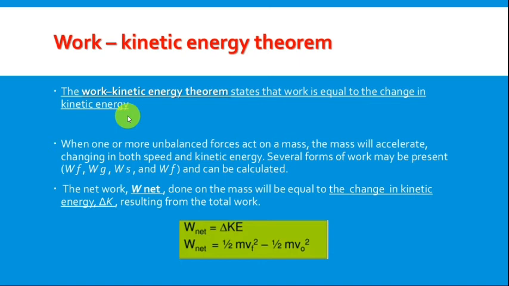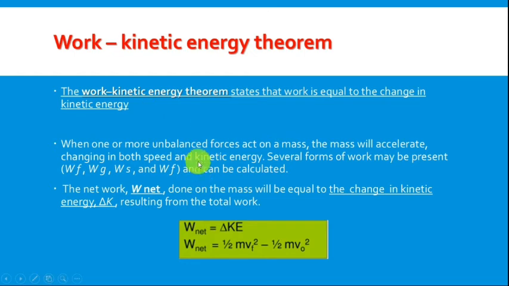When you start pushing the object, you are increasing the kinetic energy, changing it from 0, for example, to 5 or 10. At the same time, you are doing work on that object, applying a force and distance, so there is work and there is a change in kinetic energy.